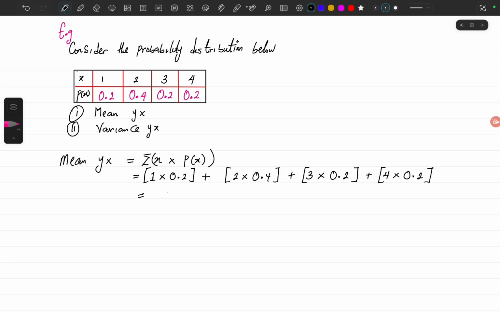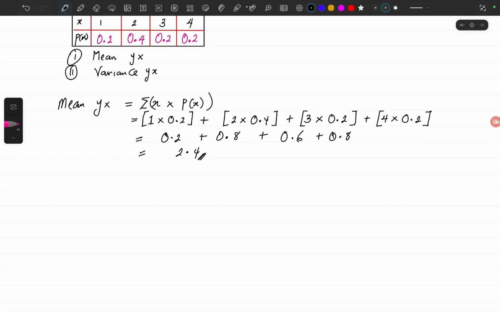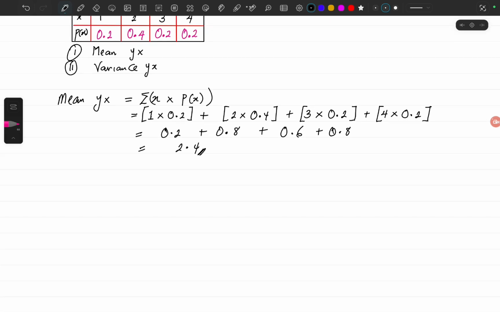So if you sum this up, that will be 0.2 plus 0.8 plus 0.6 plus 0.8, and this and this is 1, that's 1.8, and 1.8 plus 0.6 will give you 2.4. Then we can go ahead and figure out the variance.